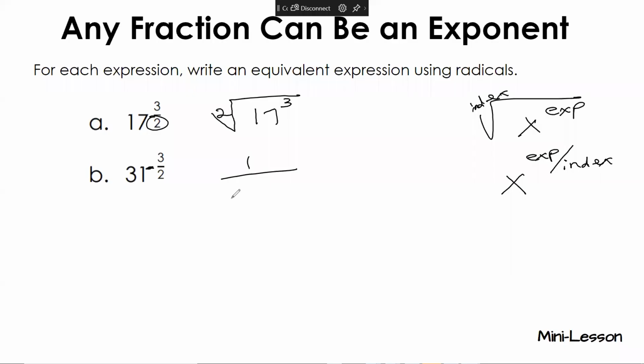All right, so what did you come up with? I know that there's going to be a root. Where do I put numbers? Two goes in that little cubby hole, right? All right, where's the 31? 31.